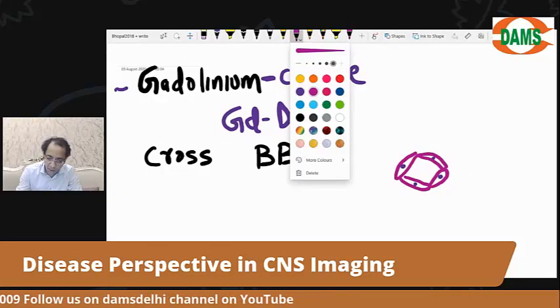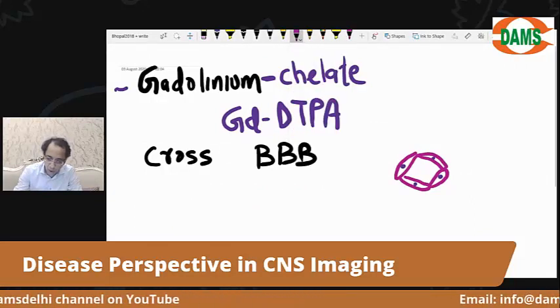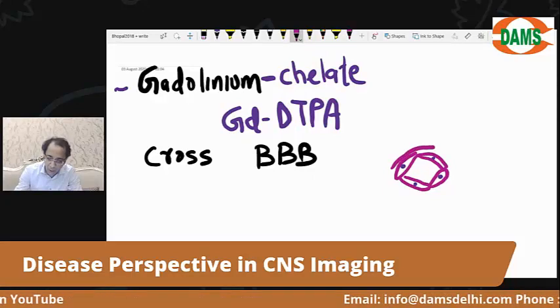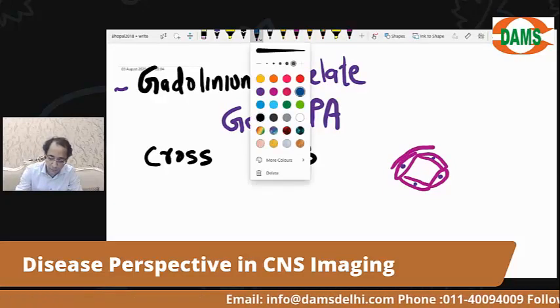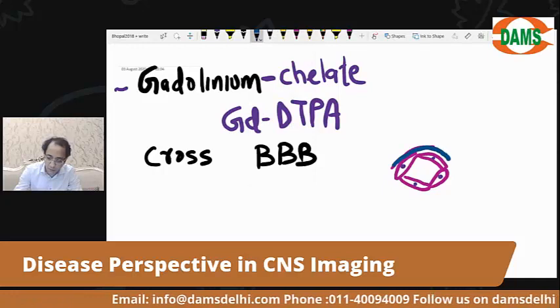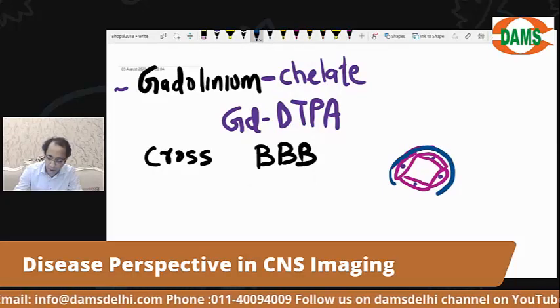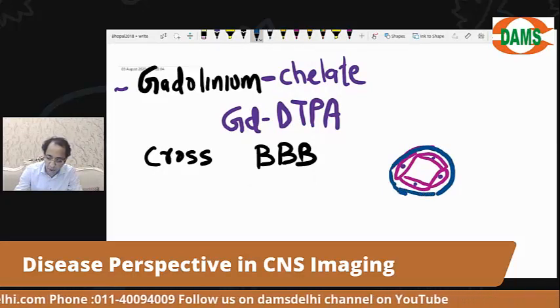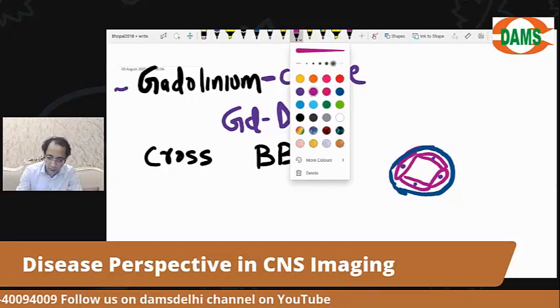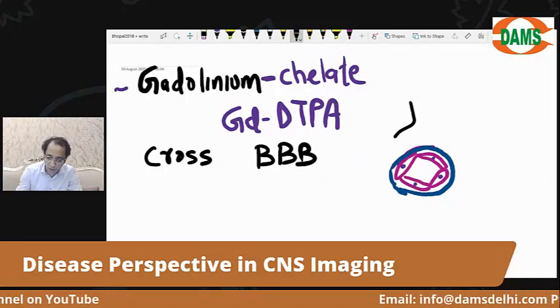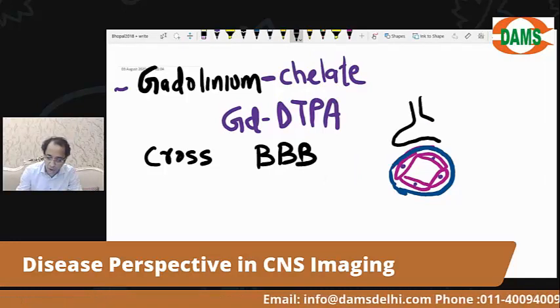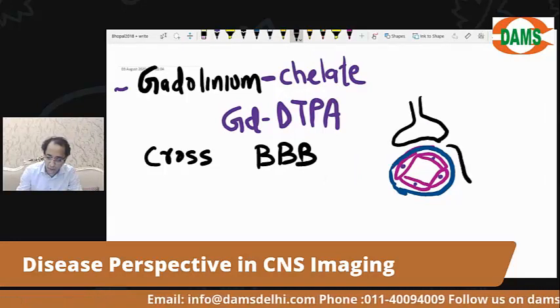Not only that, they also have a continuous basement membrane around them. In other body parts, the capillaries have a fenestrated basement membrane. In the brain, you have a continuous basement membrane, and then you have astrocyte foot processes contributing to the blood-brain barrier.